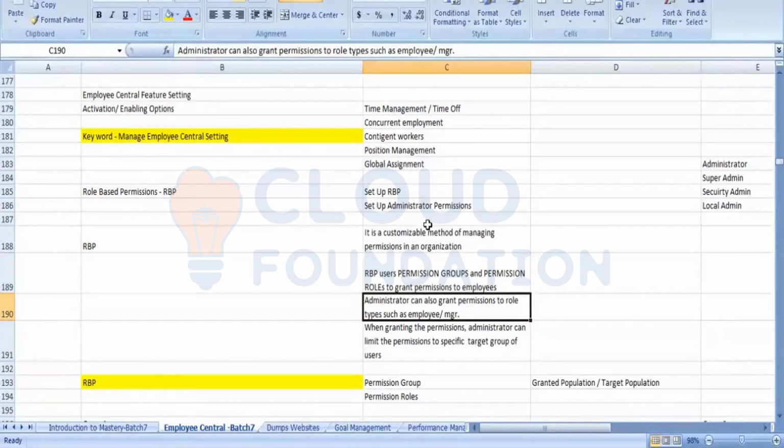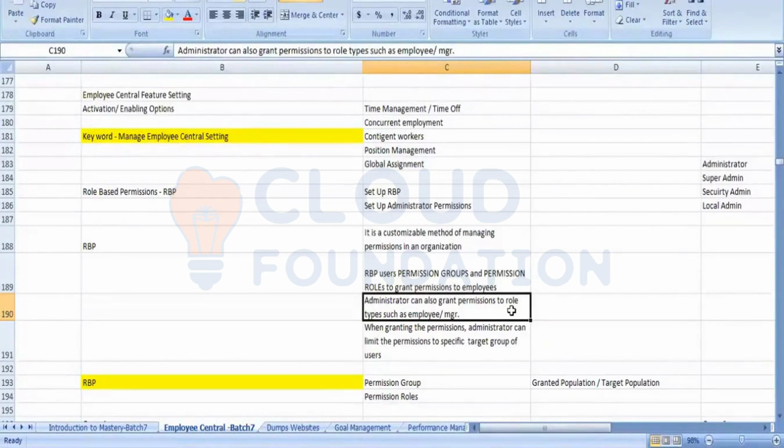Okay. So what it says, administrators can also grant permission to role types such as employee or manager. Any administrator can grant the permission to a role. What role are they saying?